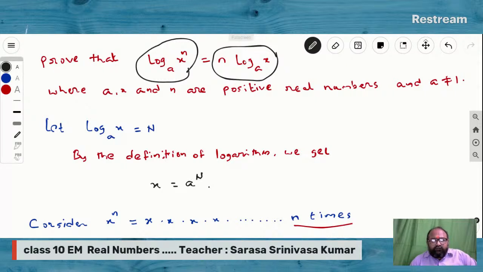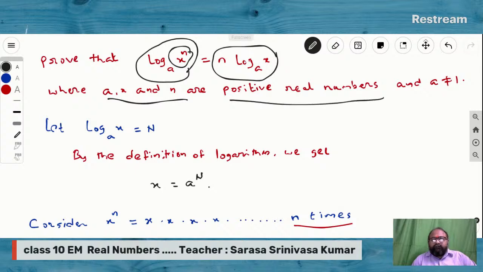This is a very important result. We have to prove that log x power n to the base a equal to n log x base a. This is what we have to prove. Here a, x and n are positive real numbers and a is not equal to 1.